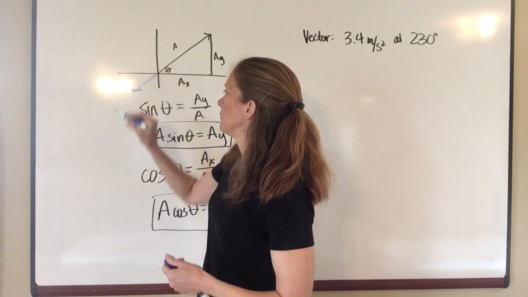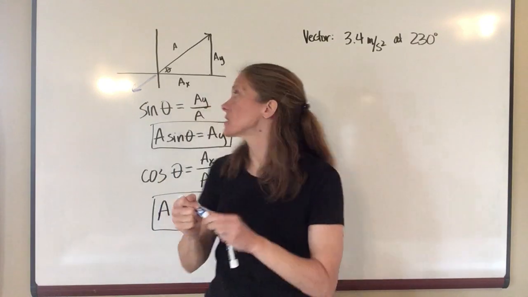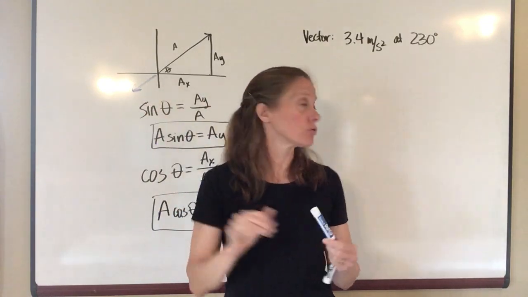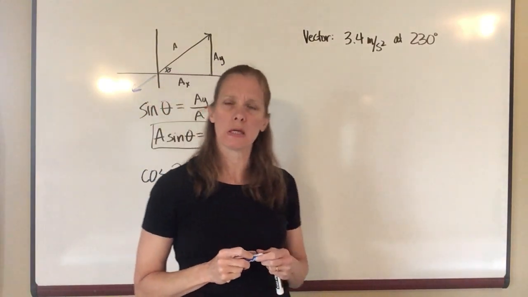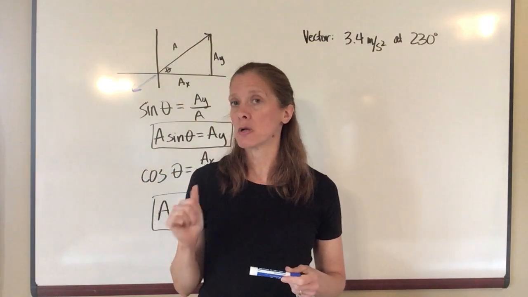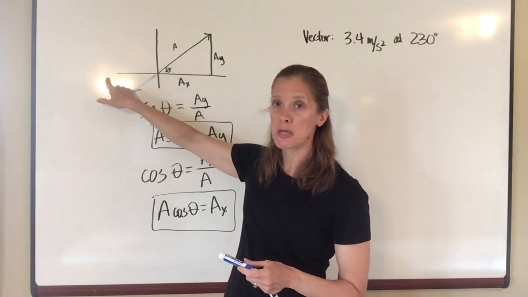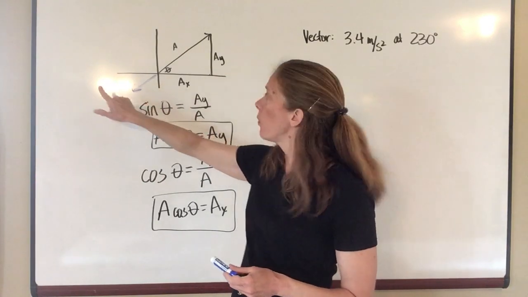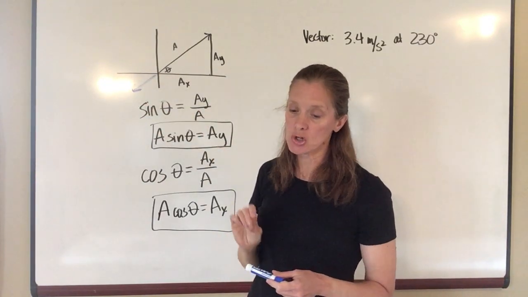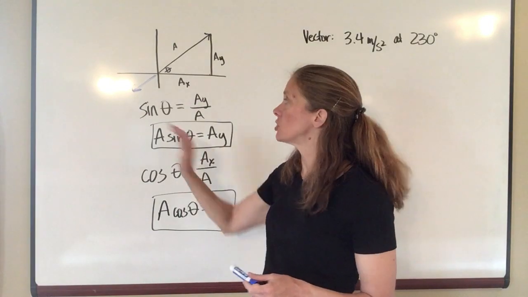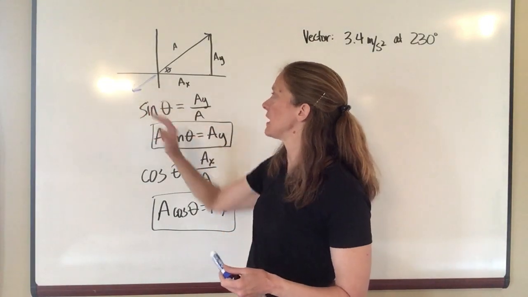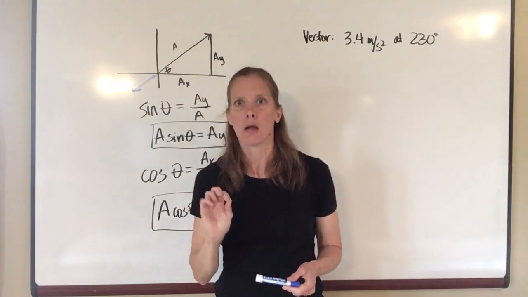Maybe I didn't figure out exactly where it was going to be, but I know it's got to be down in that quadrant. So what does that tell me about the x component and the y component? Well, if it's in this quadrant, the x component should be what? It should be negative. What about the y component? It should be negative also.